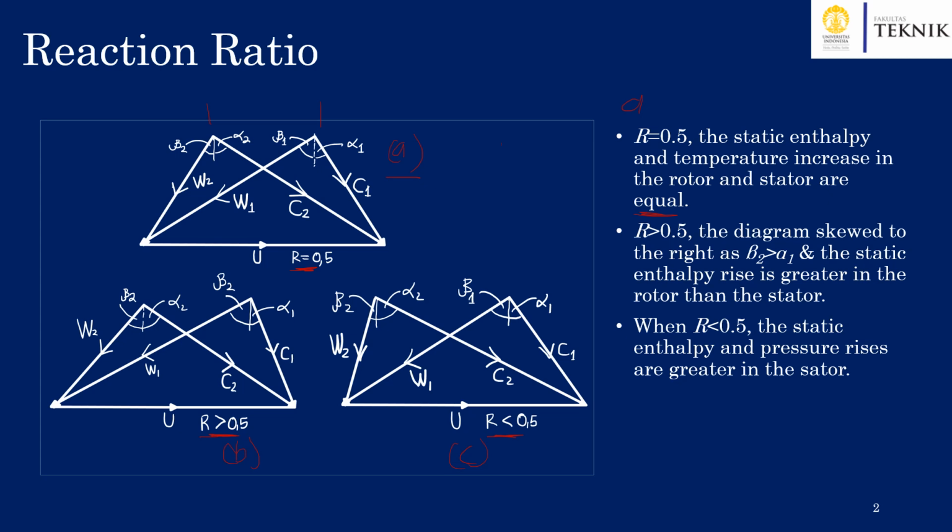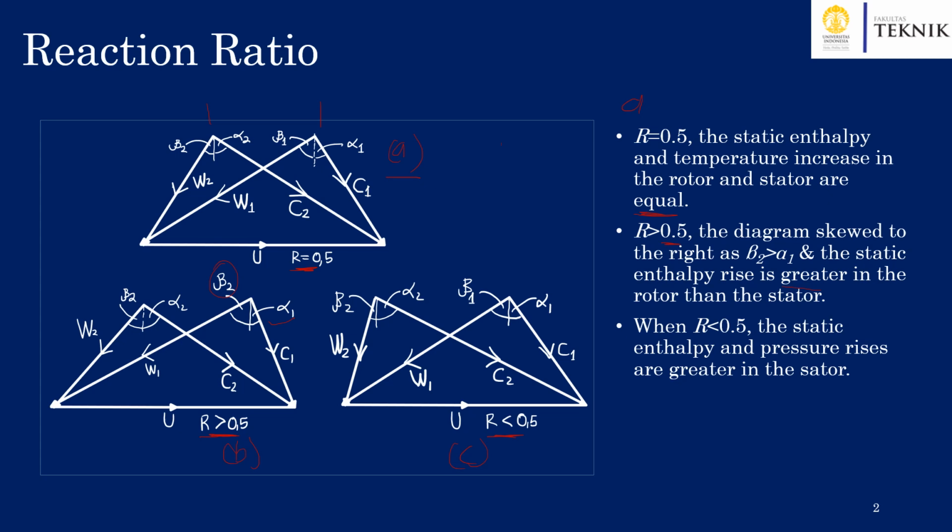And case B is when the reaction ratio is higher than 0.5, and we can see that the velocity triangle is skewed to the right, as beta 2 is bigger than alpha 1, and in this case the static enthalpy rise is greater in the rotor than the stator.